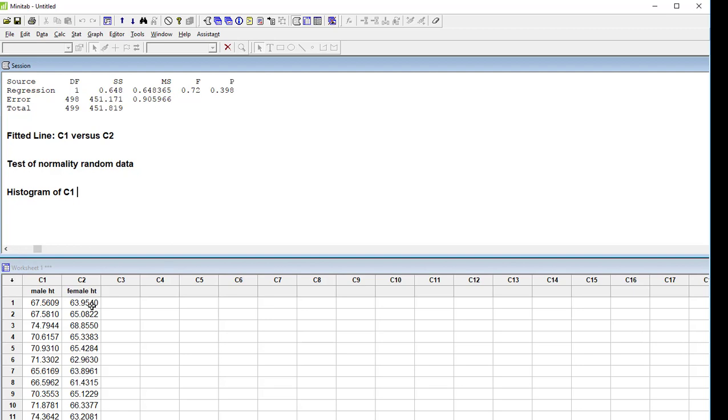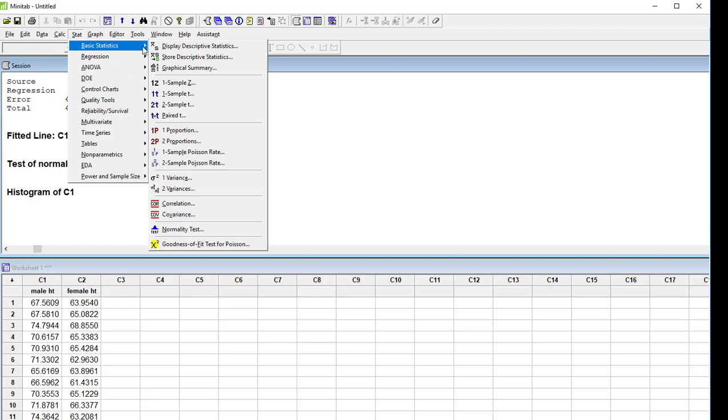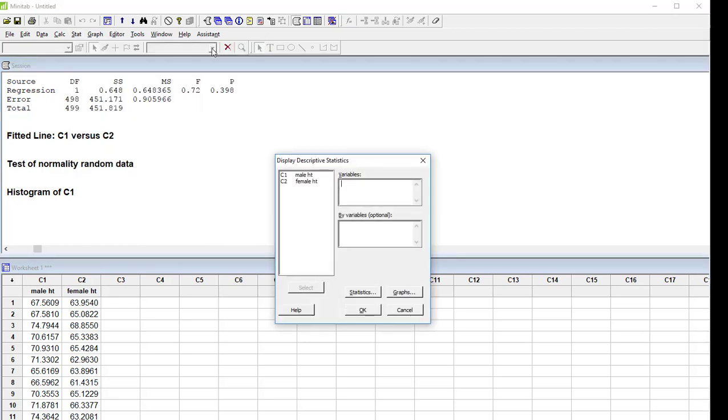These are randomly selected males and females. So let's go to Statistics, Basic Statistics, Display, and let's do the males and the females both.